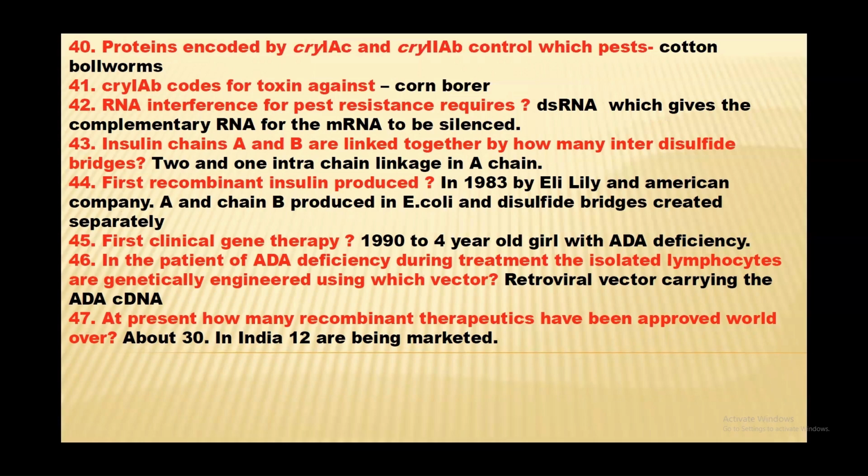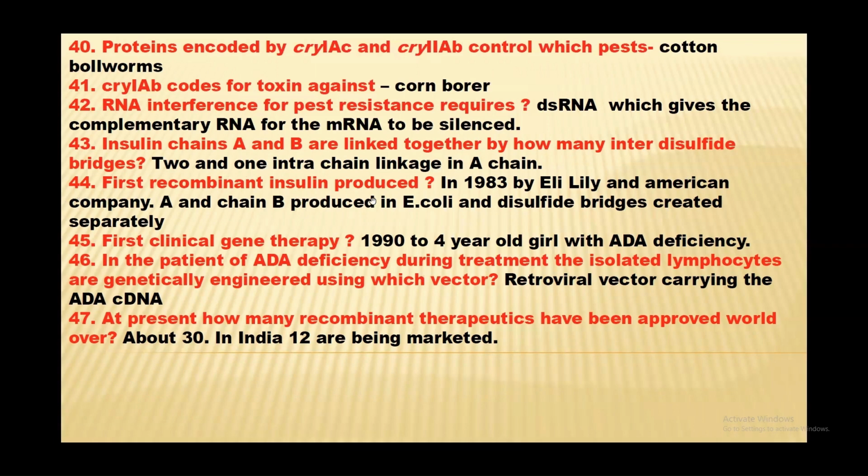Point number 43. Insulin chains A and B are linked together by 2 inter-chain disulfide bridges, and there is 1 intra-chain linkage in the A chain. Point number 44.